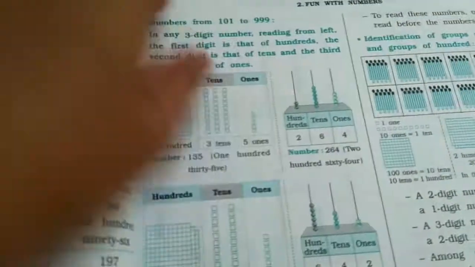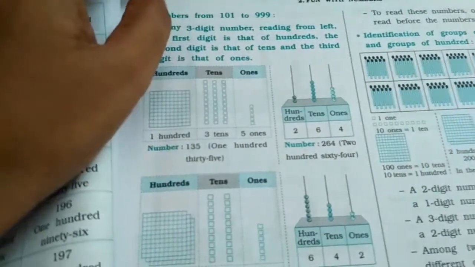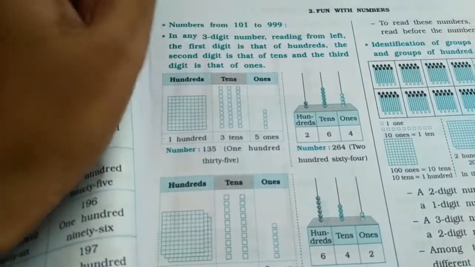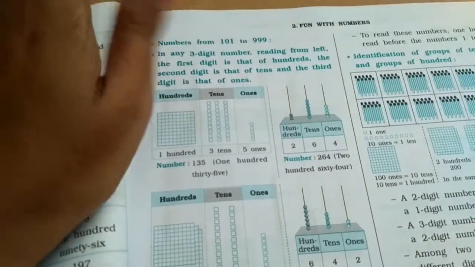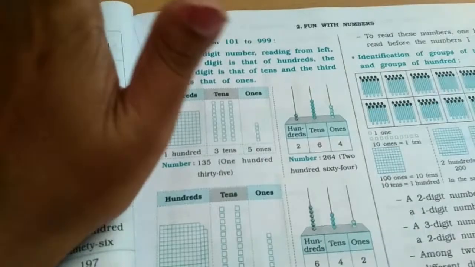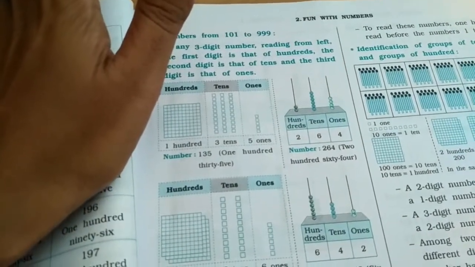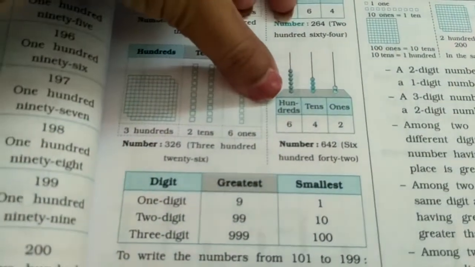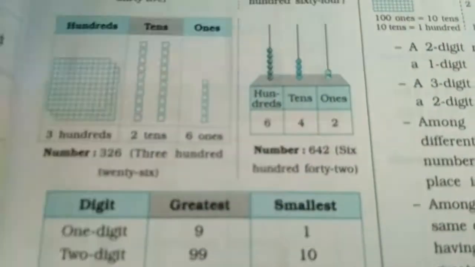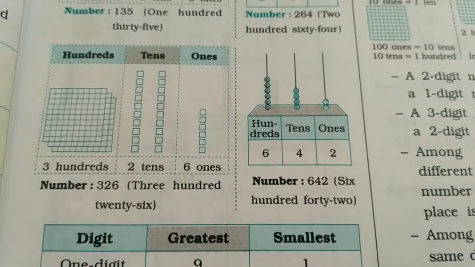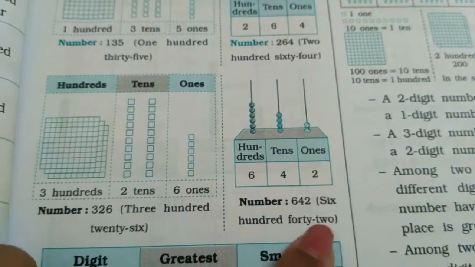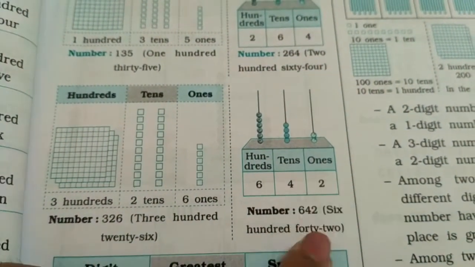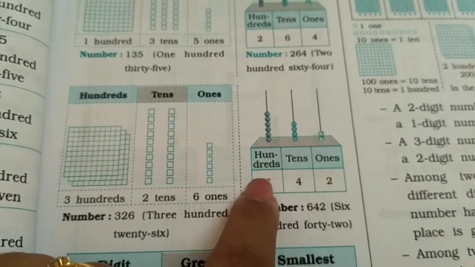To write the number in words, you just remember the spelling of 1 to 20 and 30, 40, 50. 1 to 100 के प्रॉपर स्पेलिंग आपको आने चाहिए. That's it. Then you can write down easily. So here is the next example. 642 where 6 पीछे से हम देखते हैं तो 2 is your ones, 4 is your tens and 6 is your 100.